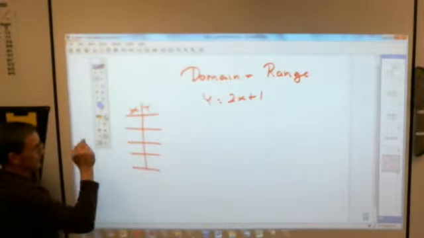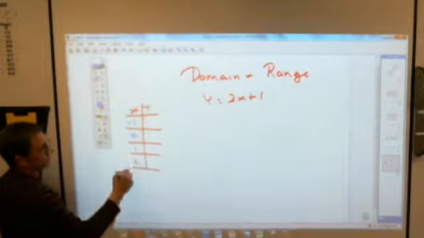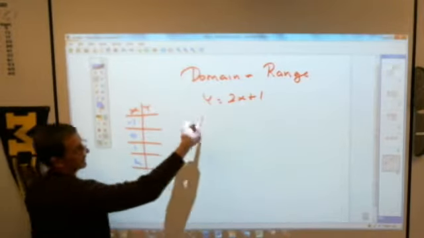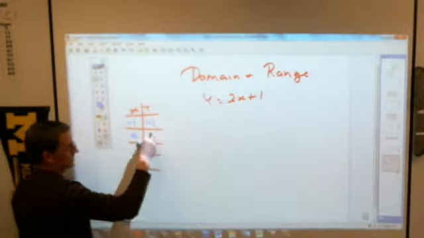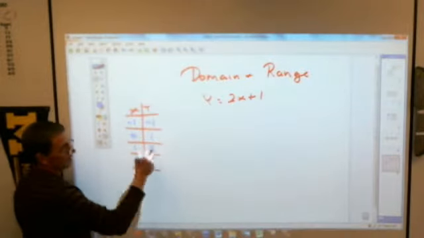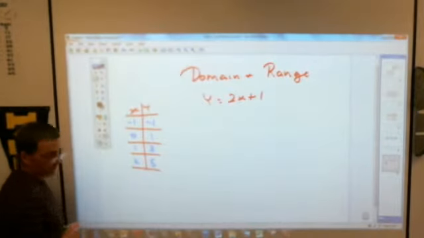You can take and make a table out of that. Let's say x is negative 1, 0, 1, and 2. If I put negative 1 in for x, 2 times negative 1 is negative 2 plus 1 is negative 1. 0 gives me positive 1, 1 gives me 3, 2 gives me 5, right? I'm just going fast because you should know all that, right?